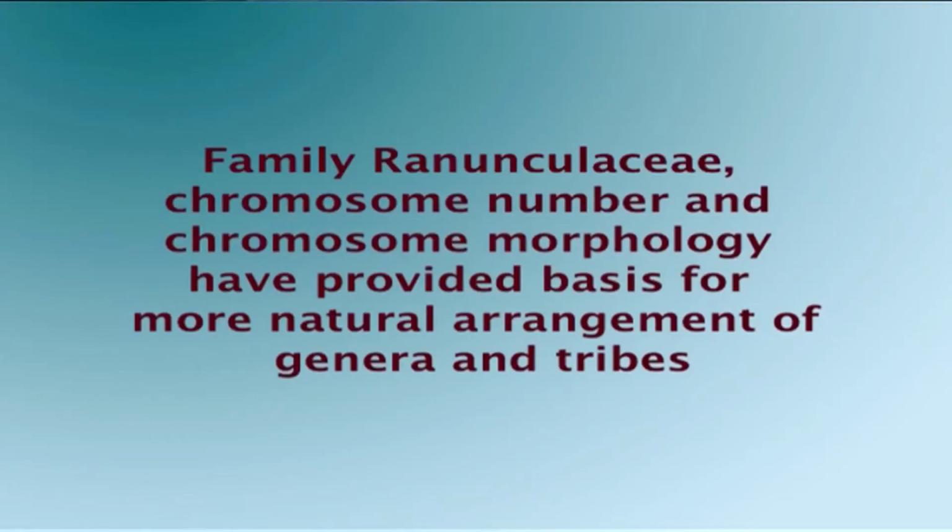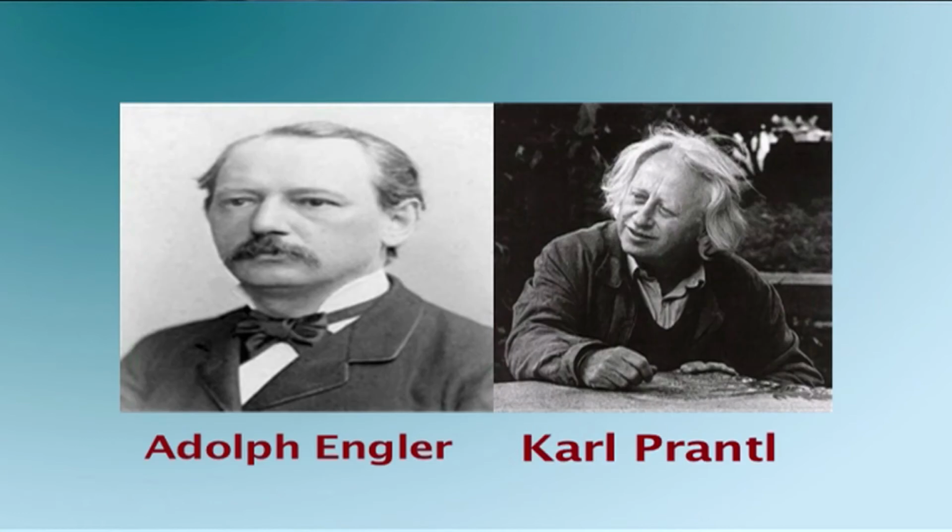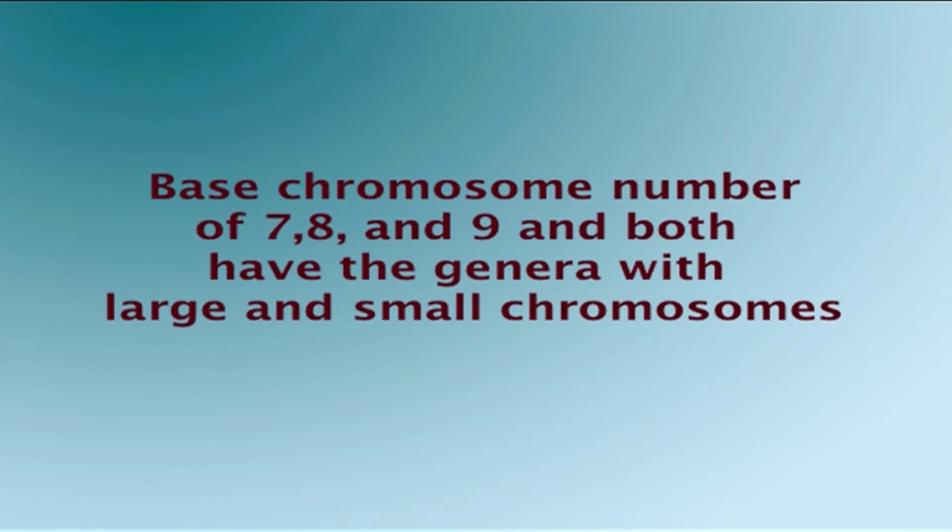In the family Ranunculaceae, chromosome number and chromosome morphology have provided the basis for a more natural arrangement of genera and tribes. Engler and Prantl have recognized two major tribes, Helleboreae and Anemoneae, in the family Ranunculaceae, with base chromosome numbers of 7, 8 and 9, and both have genera with large and small chromosomes.